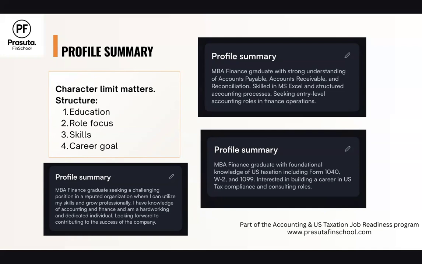So if you are following this structure, let's say for an accountant role, you are saying to a recruiter that MBA finance graduate with strong understanding of accounts payable, accounts receivable, and reconciliation. So till this point, the recruiter knows, okay, you are an MBA finance graduate and you have strong understanding about AP, AR, and reconciliation.